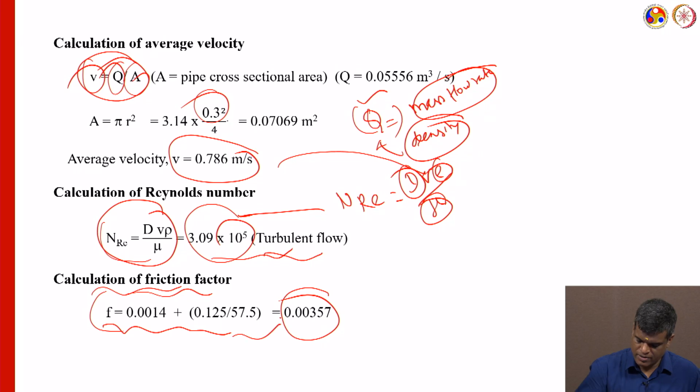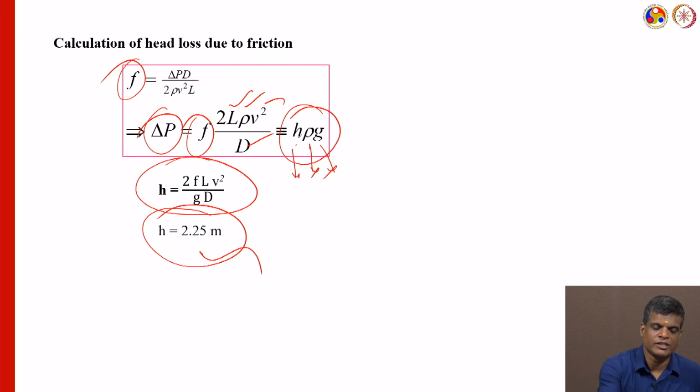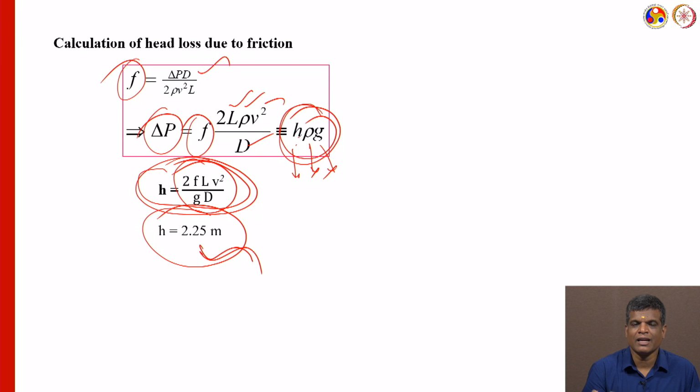So once f is done, then there is the Fanning friction factor equation. Then H rho g is there, the pressure. So you just modify it, and we will get H. You substitute all the values, we know the values, and get the value of the head loss due to friction.